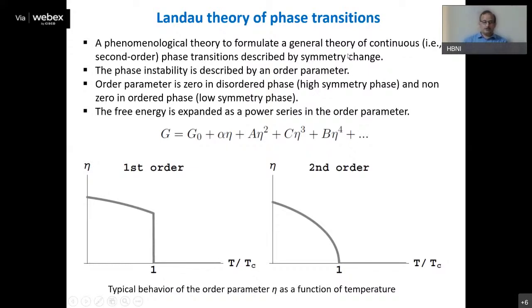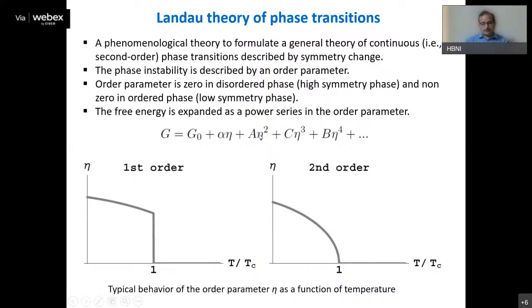He tried to explain these phase transitions by expressing the free energy in terms of order parameters. Now, what is an order parameter? An order parameter is something that describes the instability of a phase across a phase transition.